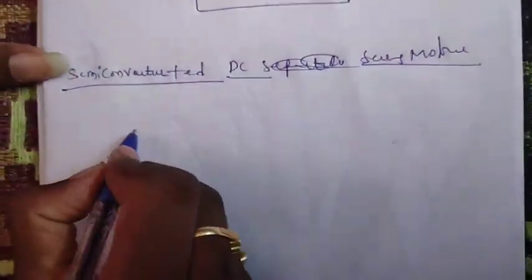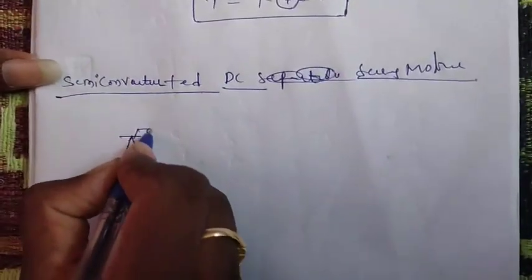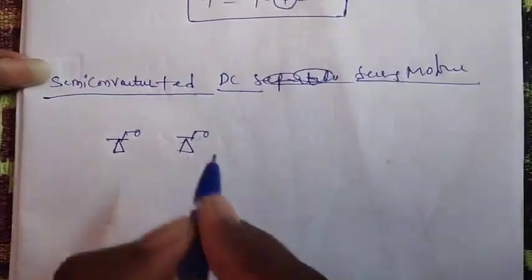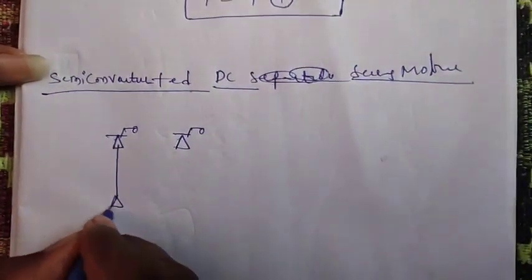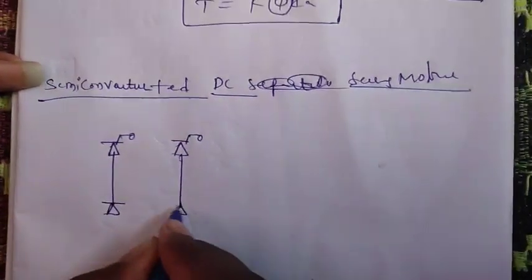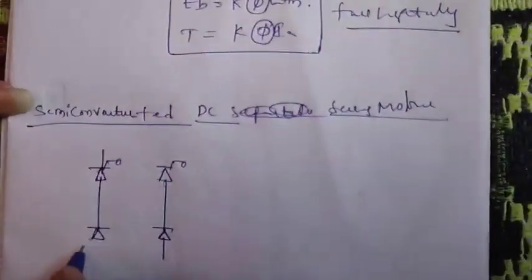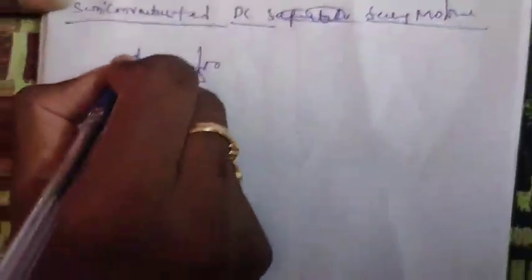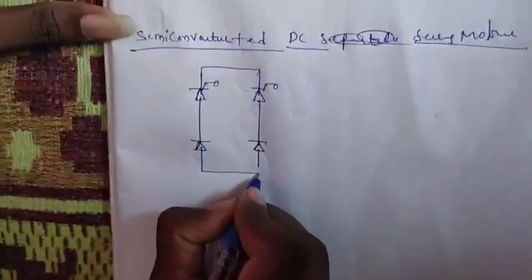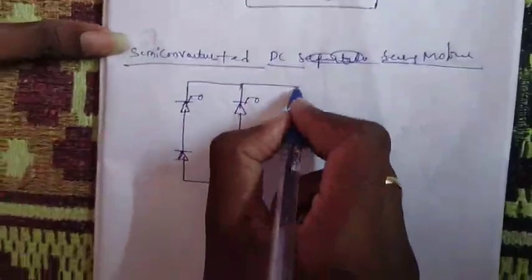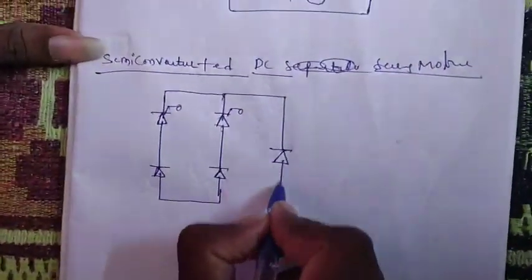In this circuit, the semi converter consists of two thyristors, T1 and T2, and two diodes, D1 and D2. We also have a freewheeling diode.